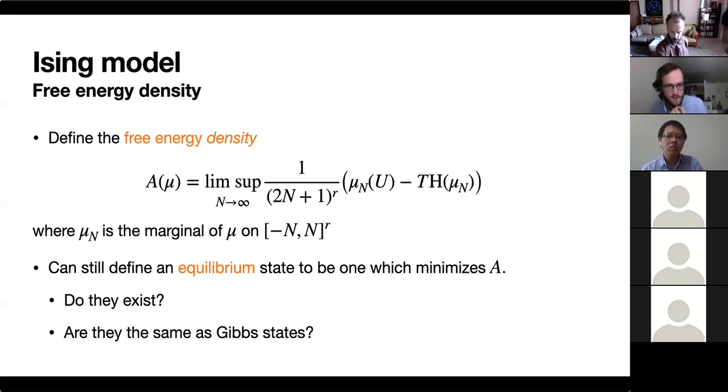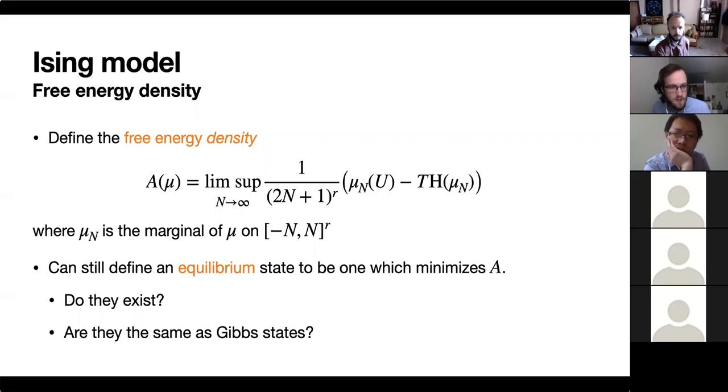So a way to do this on our lattice: we can look at the marginal of our measure on a large rectangle, 2n plus 1 on each side. We can look at the free energy of that marginal, divide by the volume, and then send n to infinity. Here we're just taking a limsup, so we don't have to worry about the existence of the limit. In nice settings the limit will exist, like if mu is translation invariant.